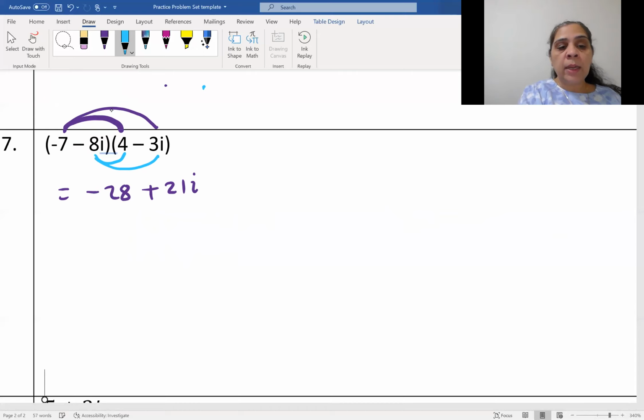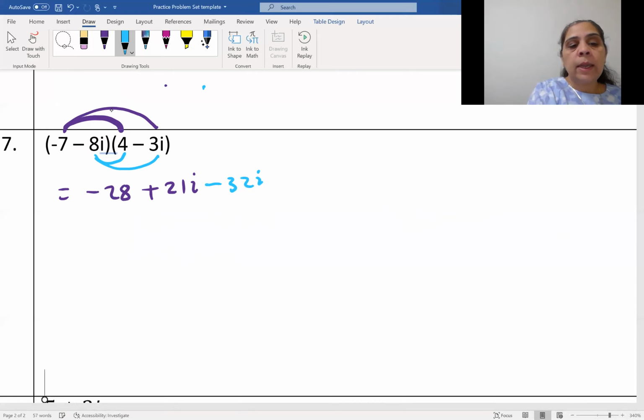Negative 8i times 4 is negative 32i. Negative 8i times negative 3i is plus 24i squared. Now we can combine like terms. These two terms are like terms. And instead of i squared, we need to remember it will be negative 1.